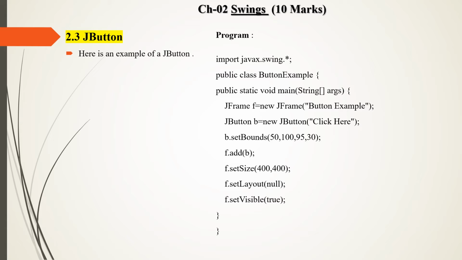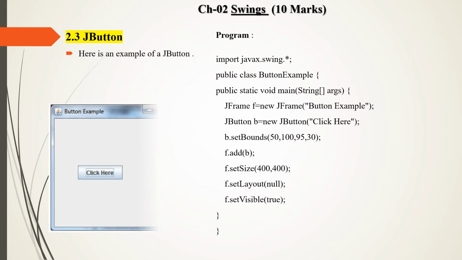So this is a simple program to create a button, and the output of the program is displayed like this. One frame is created with the title Button Example, and one button is created with the string Click Here. So this is a simple example of a button.